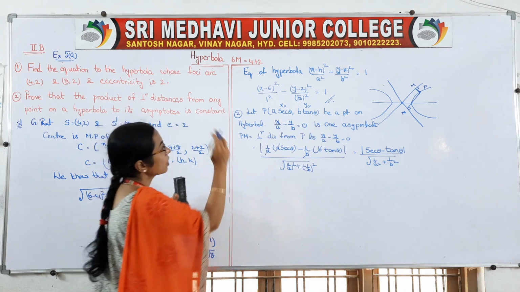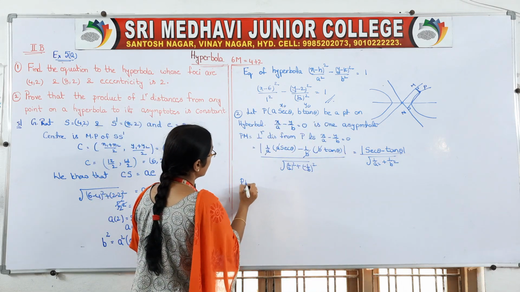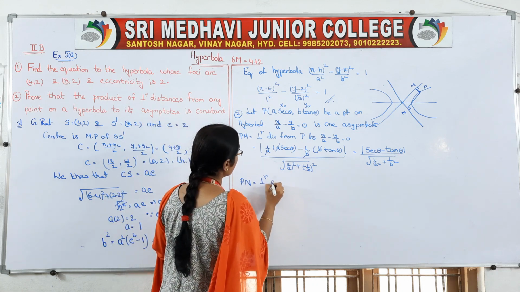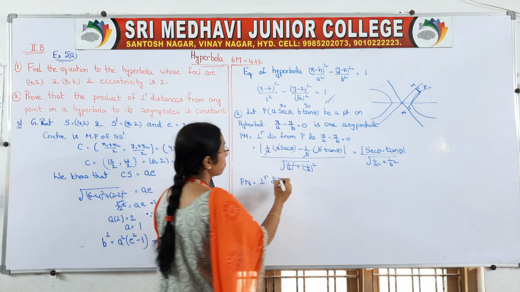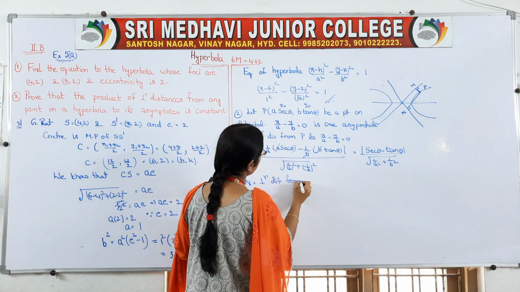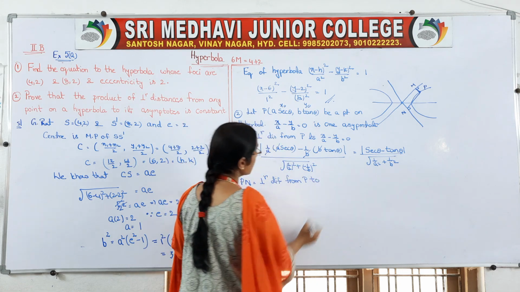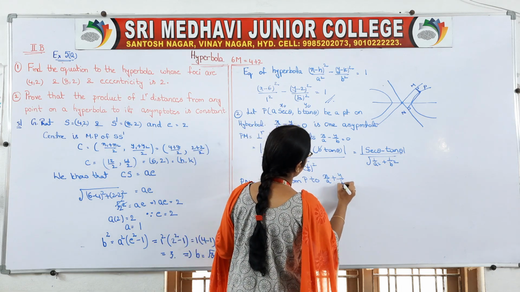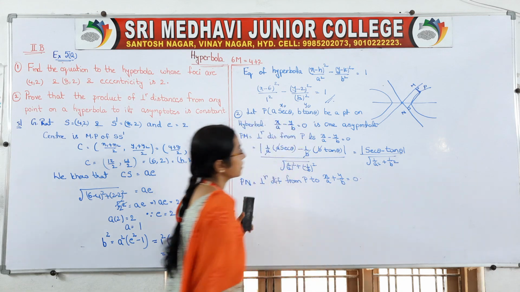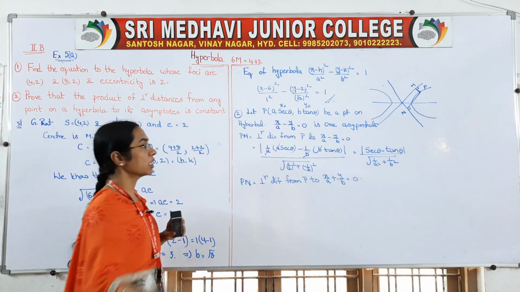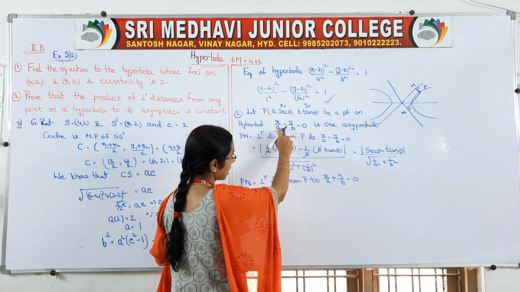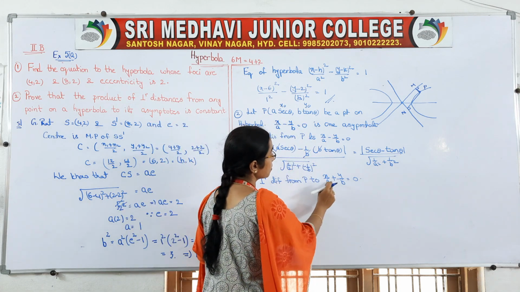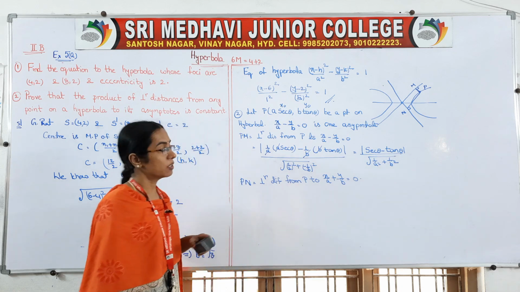Okay, so next you take PN. PN is equal to the perpendicular distance from P to the next asymptote, it is x by a plus y by b is equal to 0. These are the asymptote equations. First asymptote is x by a minus y by b is equal to 0, and second asymptote is x by a plus y by b is equal to 0.